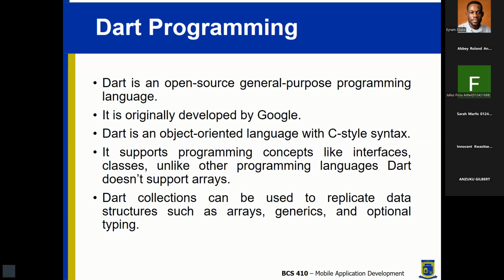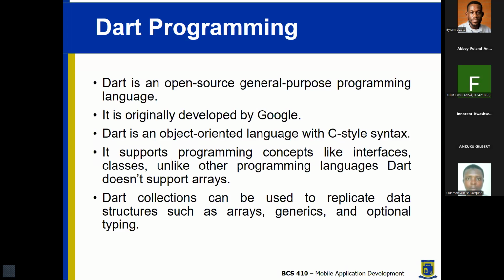Dart is an open source general purpose programming language, originally developed by Google. Google have contributed to a lot of these mobile application development platforms and frameworks, and sometimes even the languages.